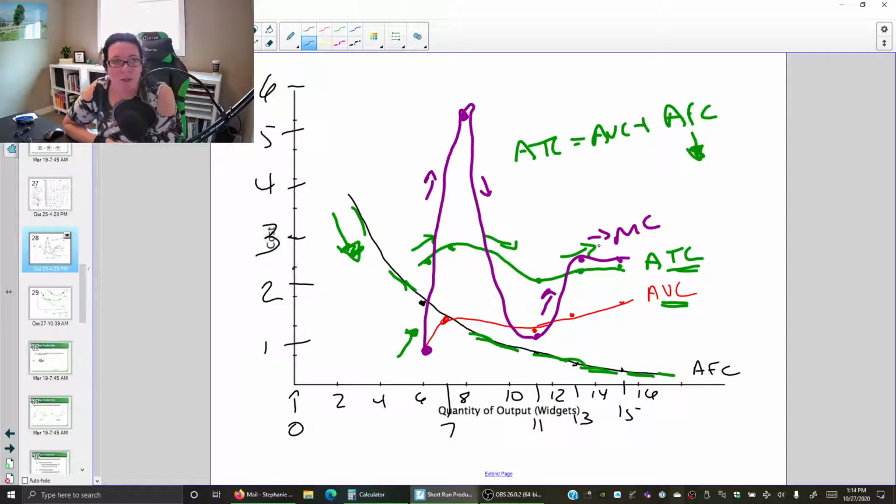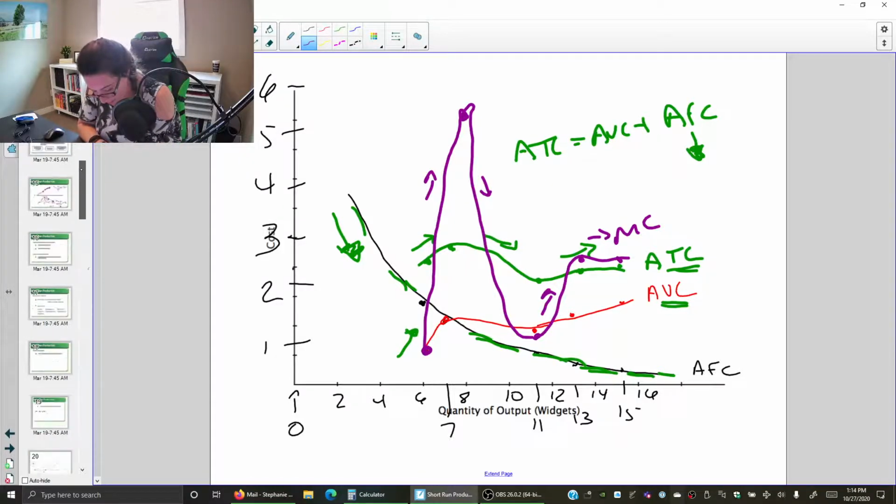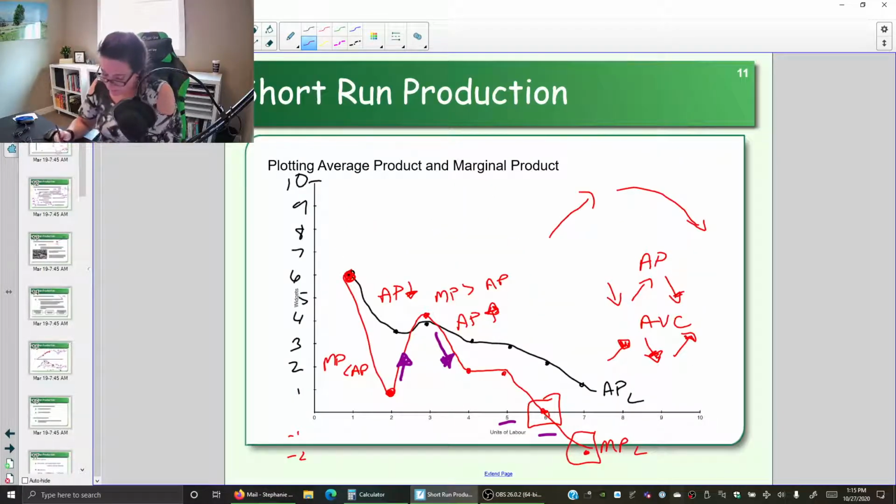Well, this is going to be dependent on how much extra is produced when we hire each additional person. So the marginal cost is going to be highly dependent on marginal product. So let's go back to our marginal product graph. Remember our marginal product graph, it went down.